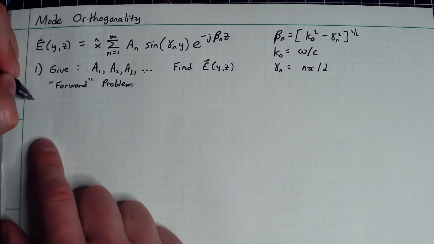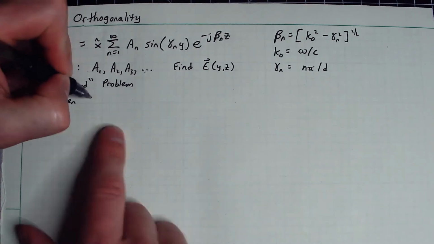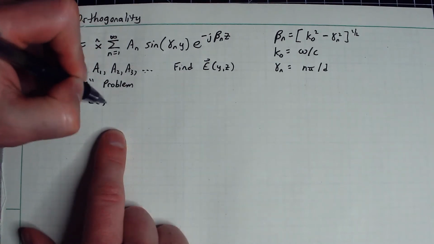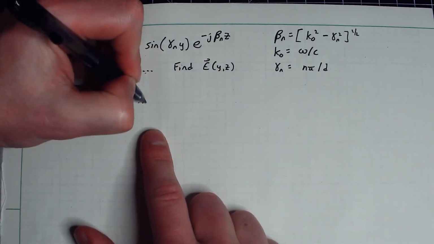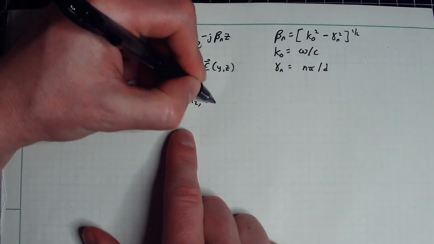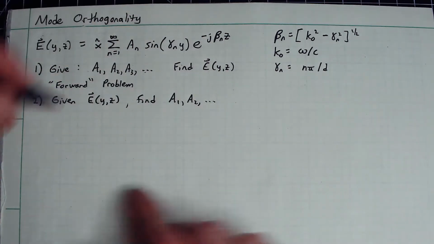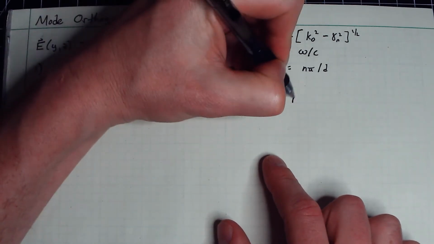There's also another way to think of this problem, and that is, suppose you are given the electric field instead, and I ask you to find the coefficients, a sub 1, a sub 2, dot, dot, dot, out to infinity. So in mathematics, this also has a word. It is called the inverse problem.